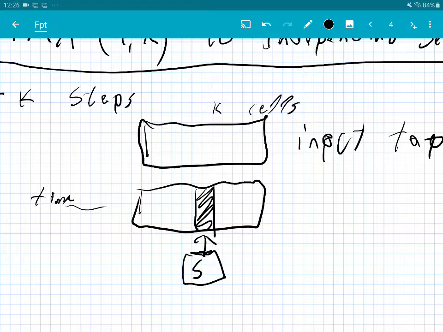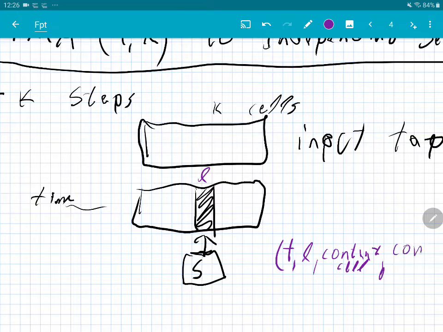Now, the thing to remember is that for this point in time, we also need to remember the value of this cell, right? So a vertex is going to be the current time, the location, let's call it L, the content of the cell, and control state.